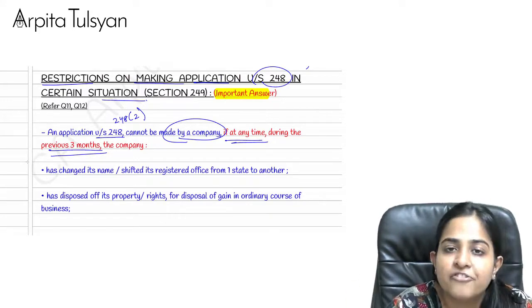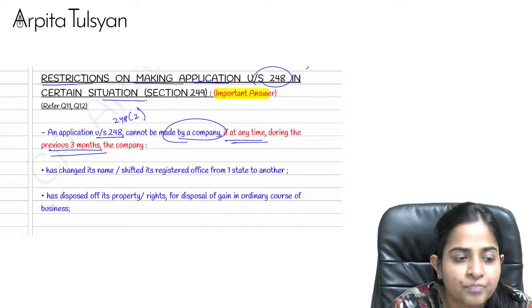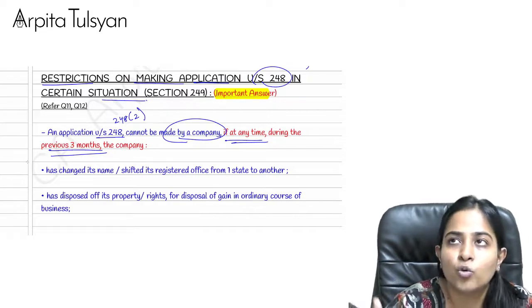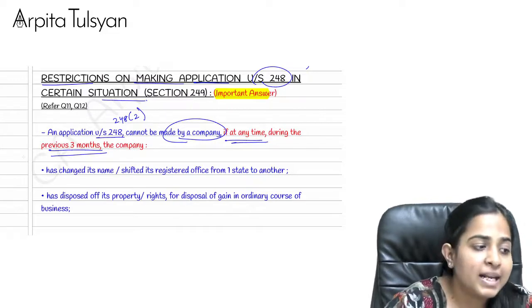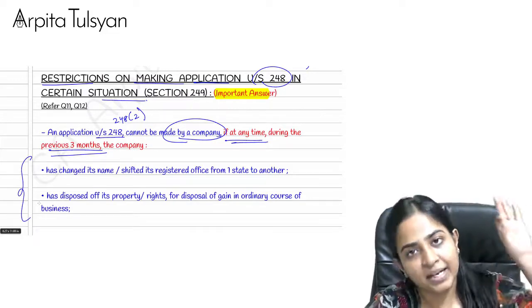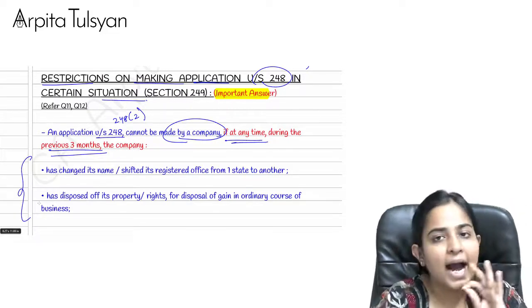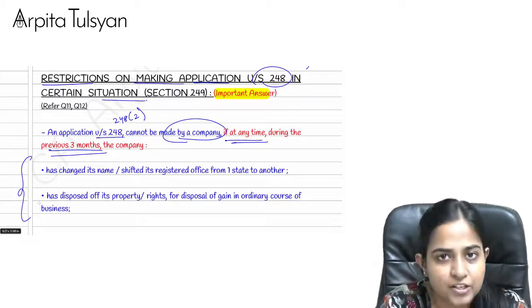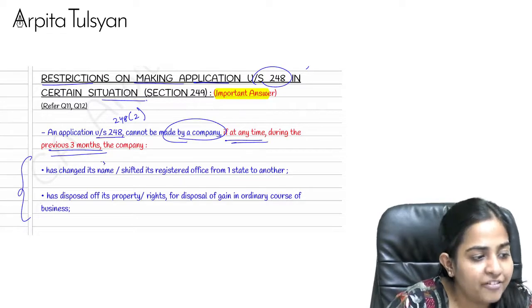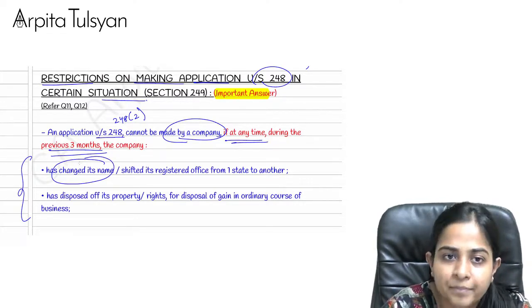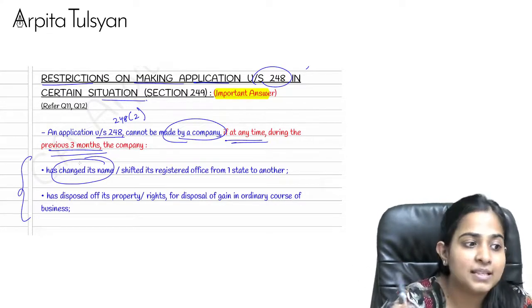Today if I want to go and make an application to the ROC that please strike off my name, but if any of these things have happened in the last 3 months, then today I cannot go and make an application. Example, if company has changed its name, then wait for 3 months, then only you can go.